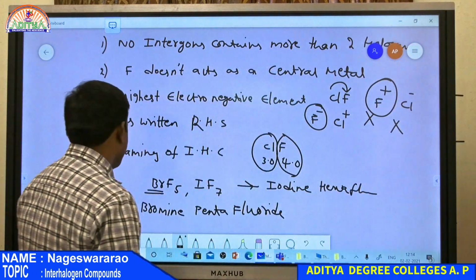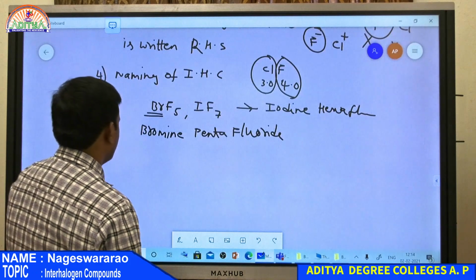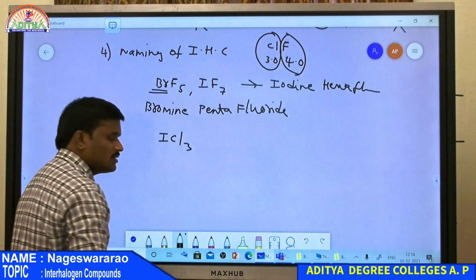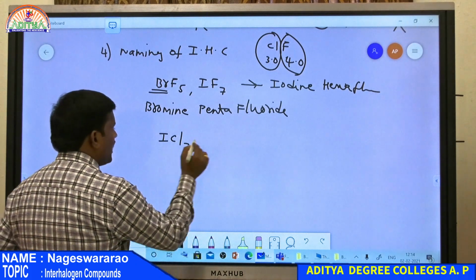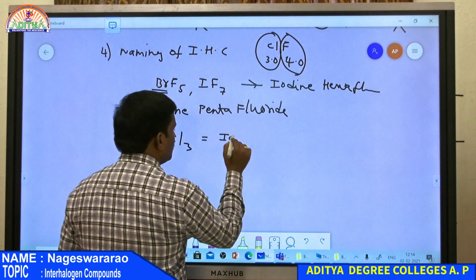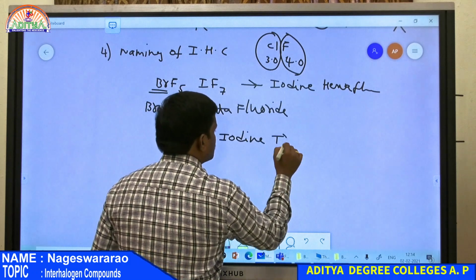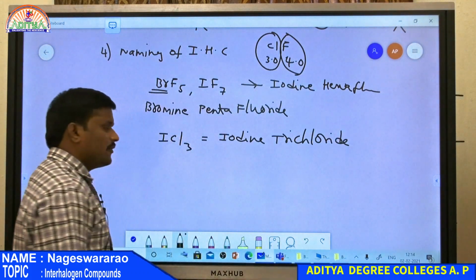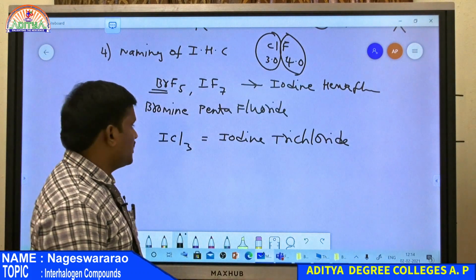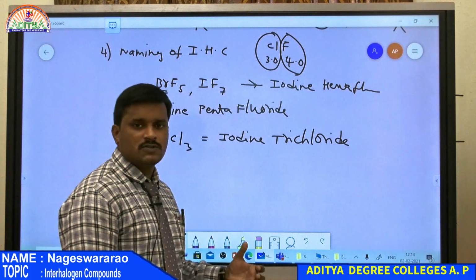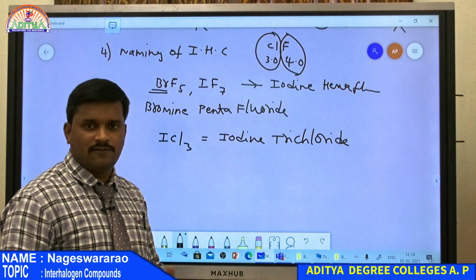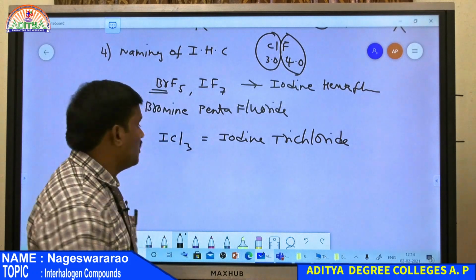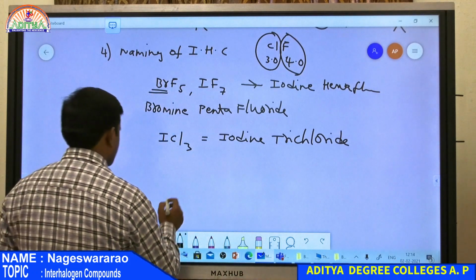If suppose it is ICl3, what is the name? First comes the left hand side element, iodine. So this is iodine trichloride. There are 3 chlorine atoms, that is why it is referred to as trichloride. So the naming of interhalogen compounds starts with the left hand side element, that is iodine, and 3 chlorine atoms. This is the fourth property of interhalogen compounds.